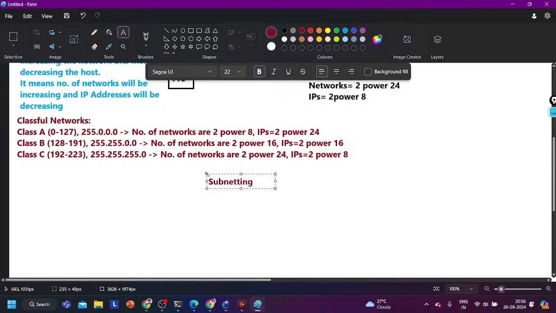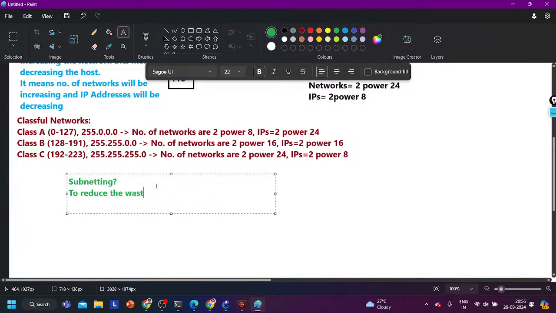Why subnetting? We come up with subnetting to reduce the wastage of IPv4 addresses.